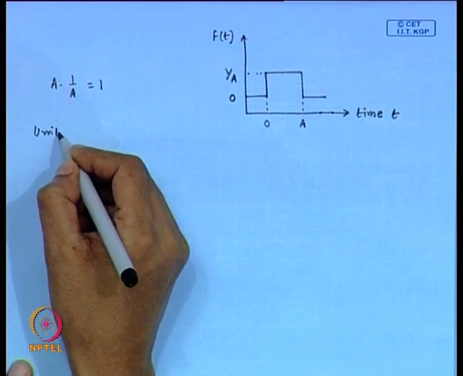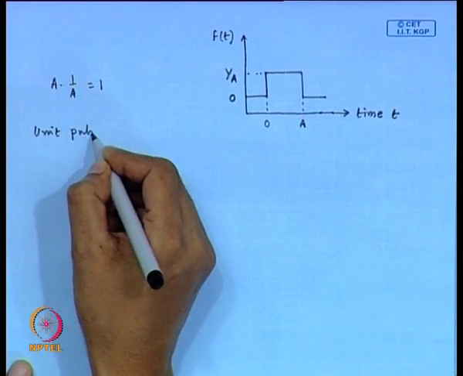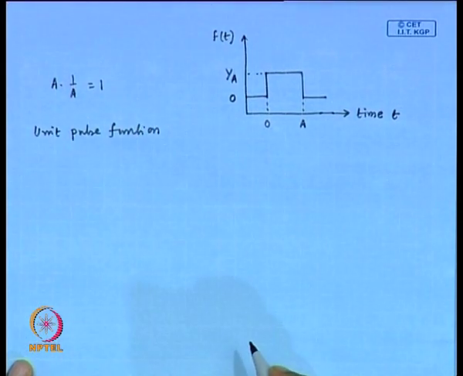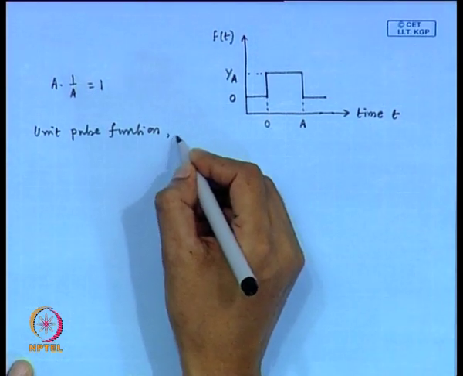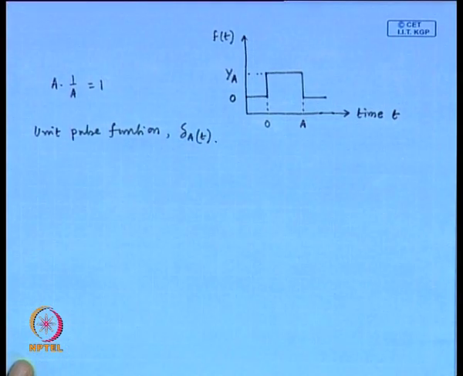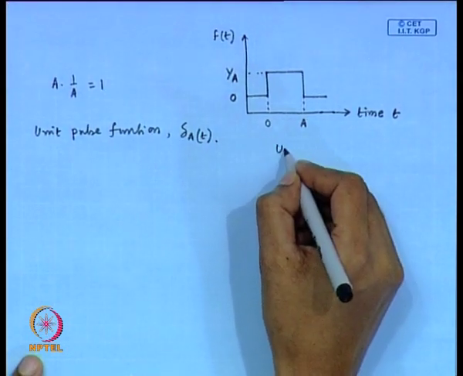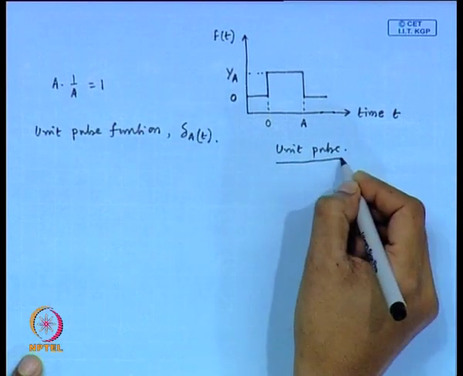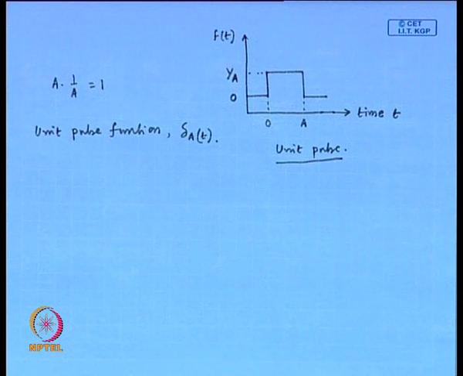This is called the unit pulse function. It is conventionally represented by del A(t).